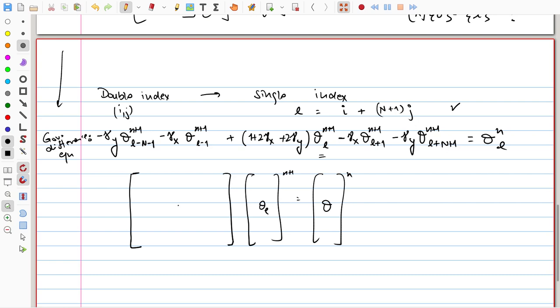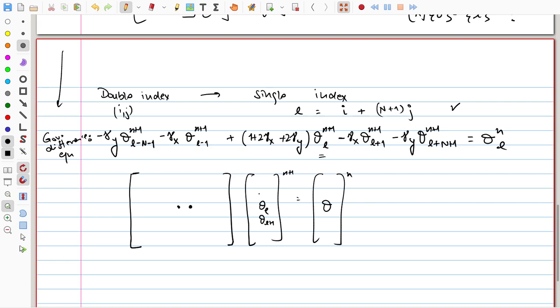So let's say this is a diagonal term, and then you have theta L plus 1. That is one point to the right, the next point, the next unknown, that will be a coefficient to its right.